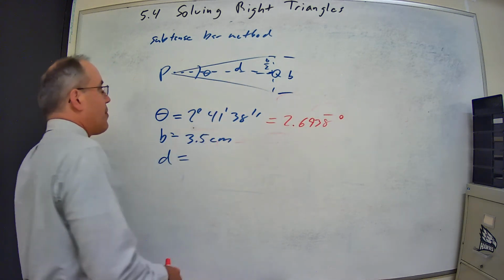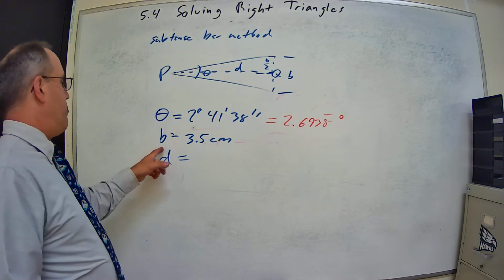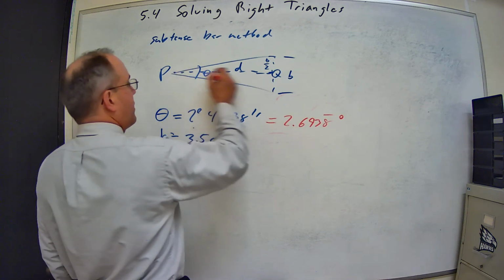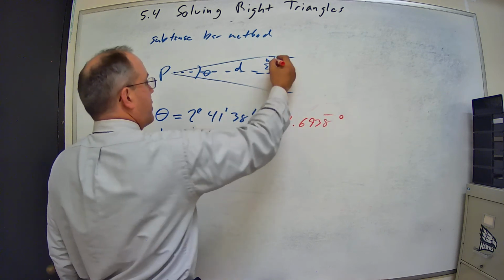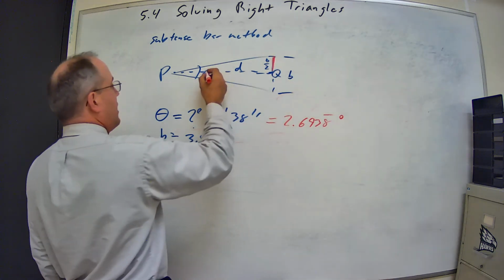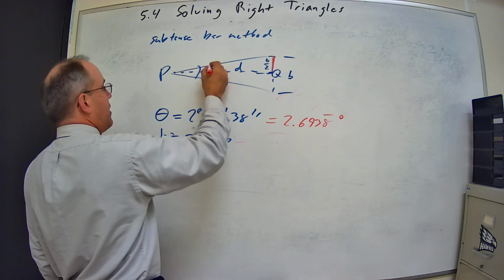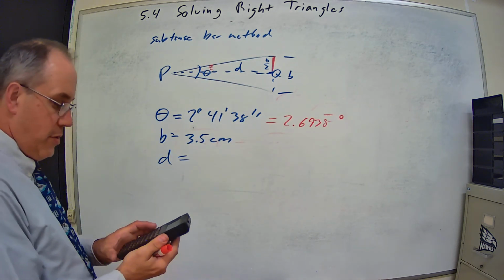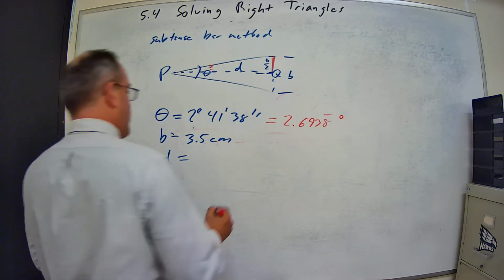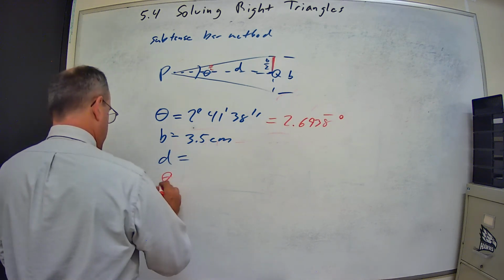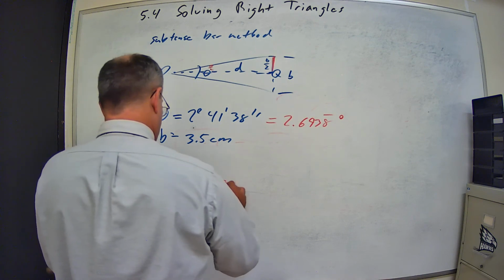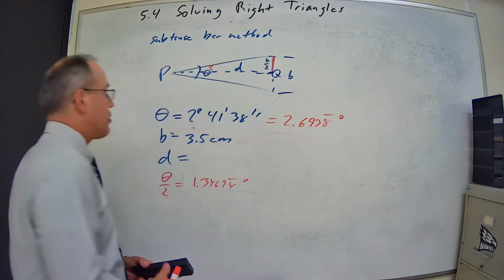Okay? I know that B is equal to 3.5 centimeters, but really I want to find this D here, so I need half of B. I also need half of this theta, so I need theta divided by 2. So let's divide that by 2, and I get theta divided by 2 is 1.34694 repeating degrees.